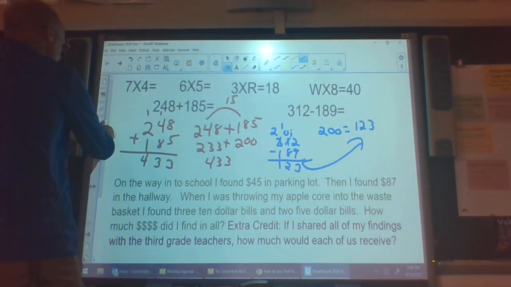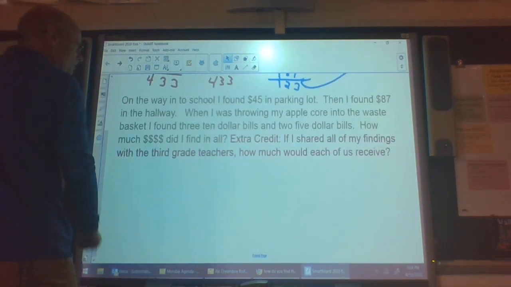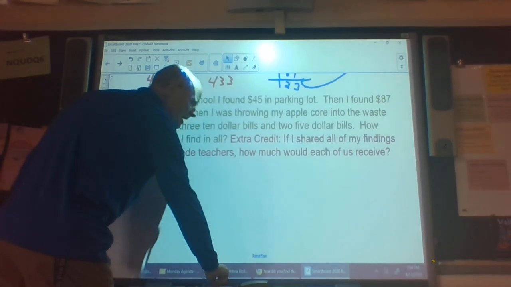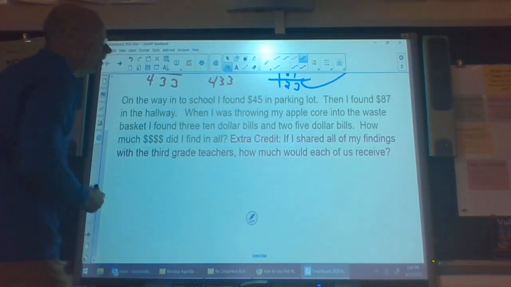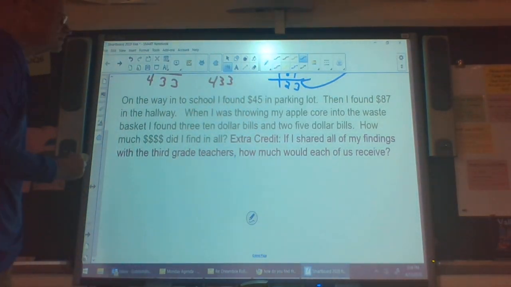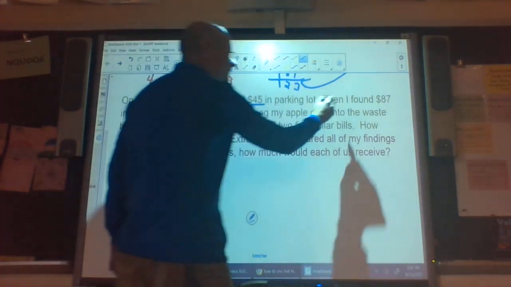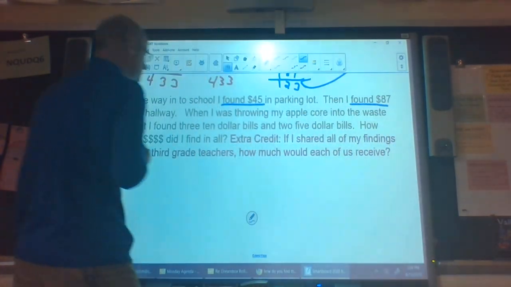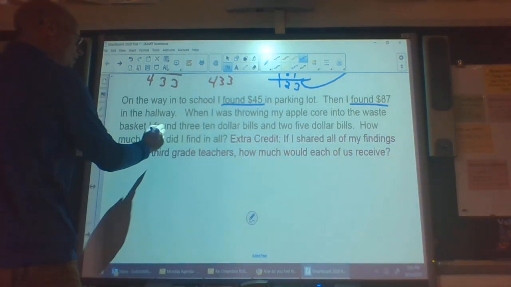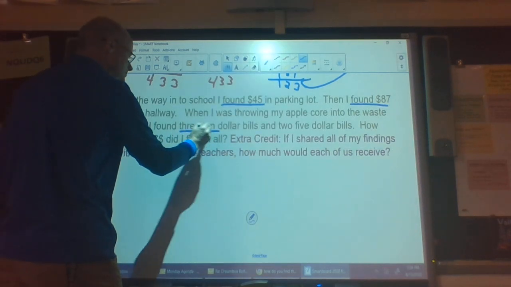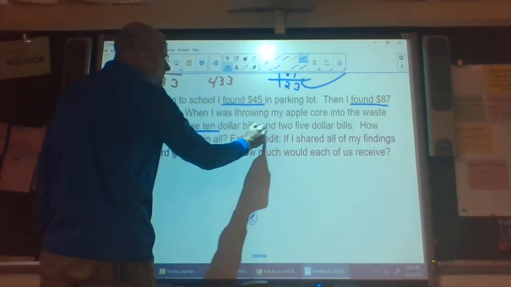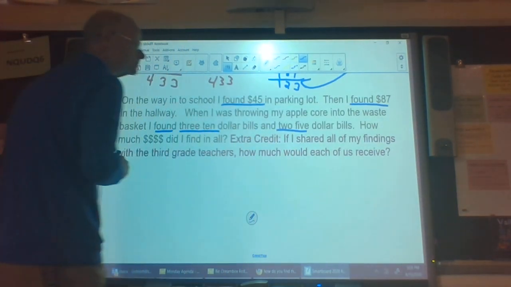Okay, now for the word problem. Going back through this, of course I'd highlight or underline what I need to, my important information. So I found $45, then I found $87, then I found 3 $10 bills and 2 $5 bills.